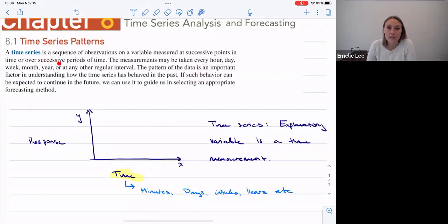So a time series is a sequence of observations on some response variable at successive points in time. Of course, time can be just anything time related. We are not going to consider time periods that are unevenly spaced. So we will only look at time intervals that are evenly spaced.